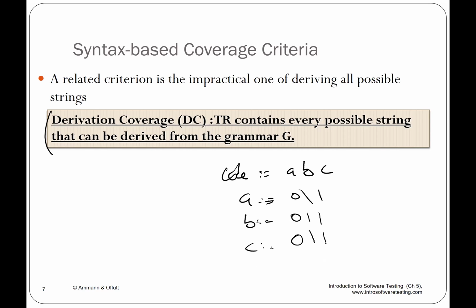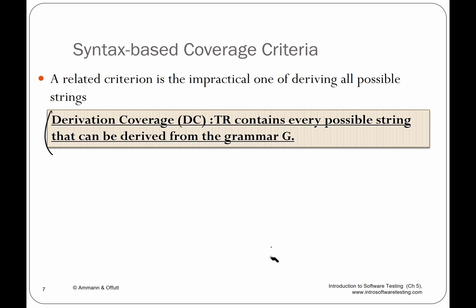So I have a maximum of 8 possible combinations. Again, it's still doable, but it has to be something extremely small like this. Otherwise, you end up with an extremely large, infeasible, impractical number of test cases, or maybe even infinite.